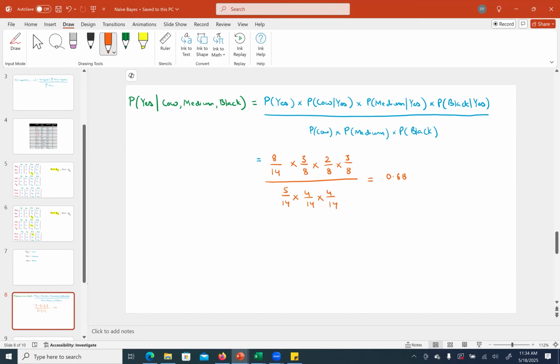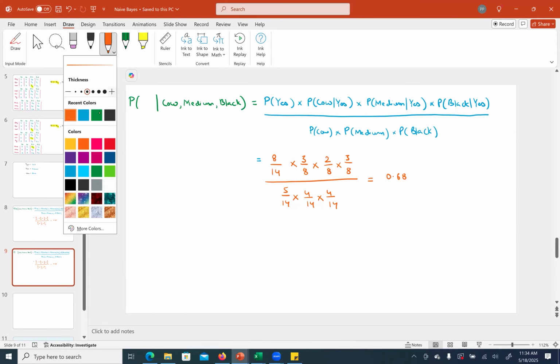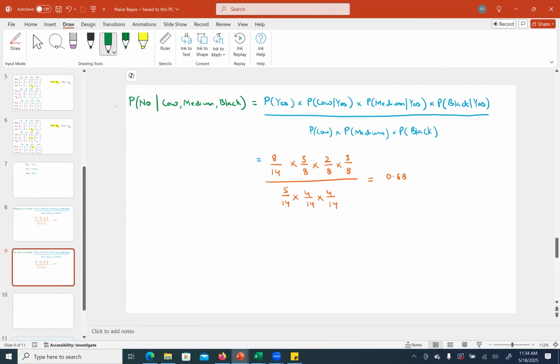So what is going to be the probability of no? 0.32, right? But let's calculate it. It's not going to take much time. Let's see if we get 32% as no. This will change, this will not change.